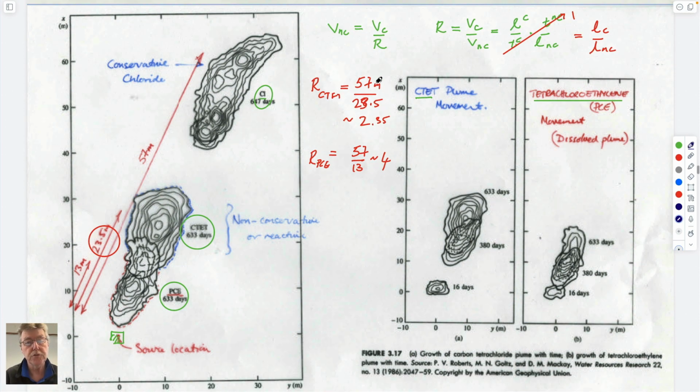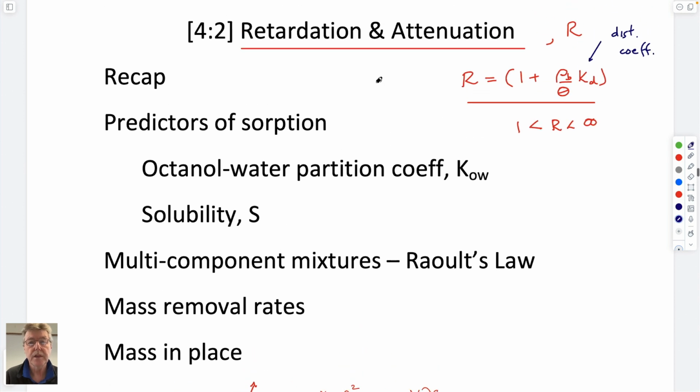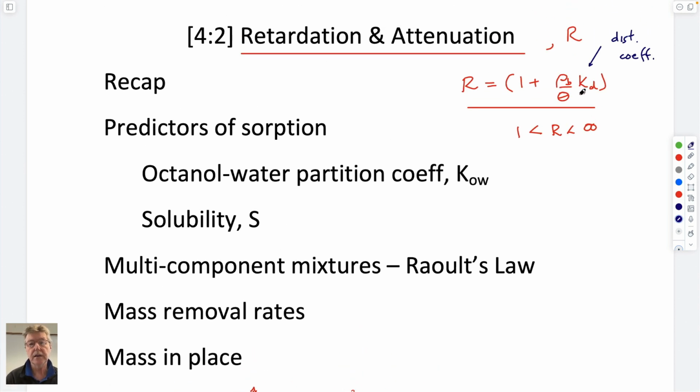So this is the question: how do we get KD, K sub D, from going to the library, basically?